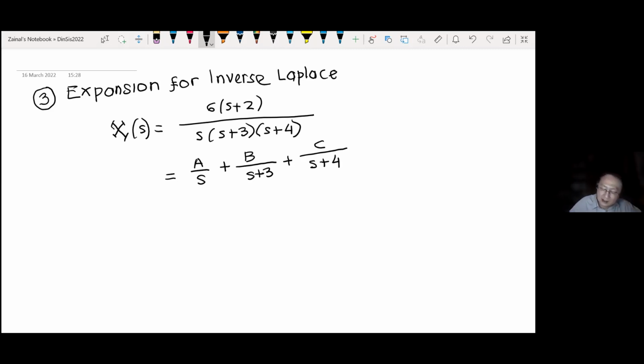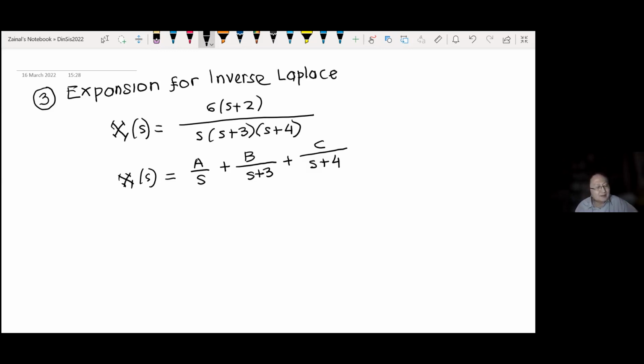Okay, can you now find ABC? Because when you find ABC, this one is simple enough and readily available on the Laplace table. But first you have to find ABC.